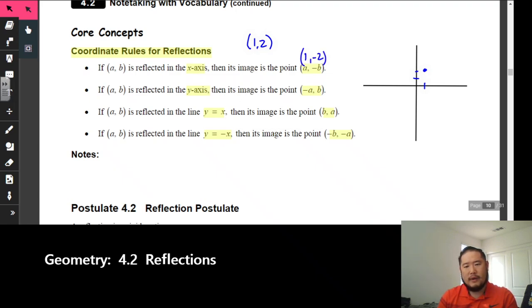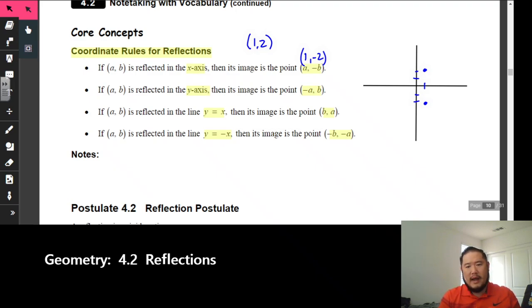That would be when it reflects across the x-axis. And let's see what happens. We got 1, negative 2 down here, and there you go. Okay? So that pretty much makes sense. It's equidistant, 2 units up, 2 units down from the x-axis, or our reflection.